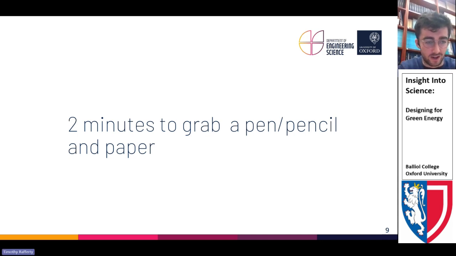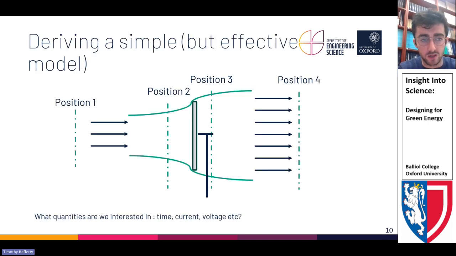Okay. Right, if you've got your pen and paper, we shall start. So I'm going to describe this model. You've got some inflow on the left-hand side. You have a wind turbine in the middle, which we're going to represent through this disk. And then you've got some outflow. When we do this model, we're going to be really interested in four different positions.